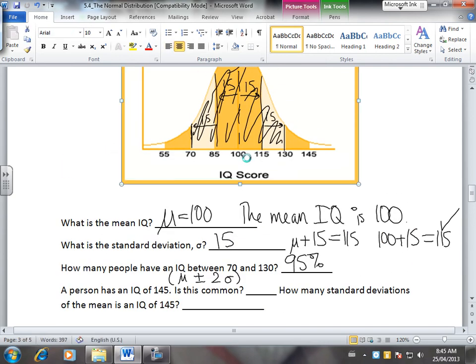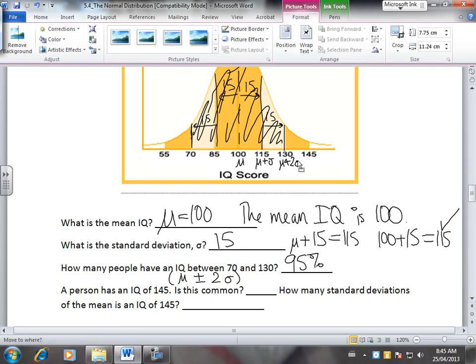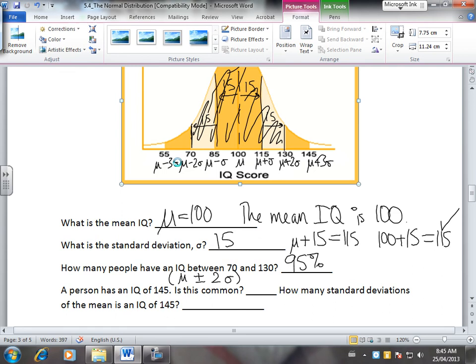If this is mu plus sigma, mu plus 2 sigma, and mu plus 3 sigma, and over here it's mu minus sigma, mu minus 2 sigma, and mu minus 3 sigma.